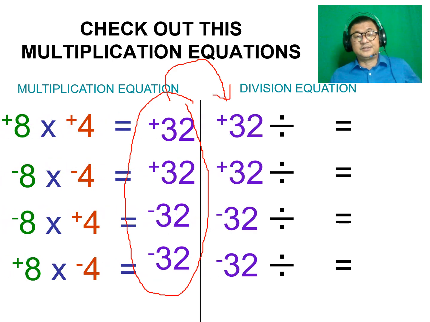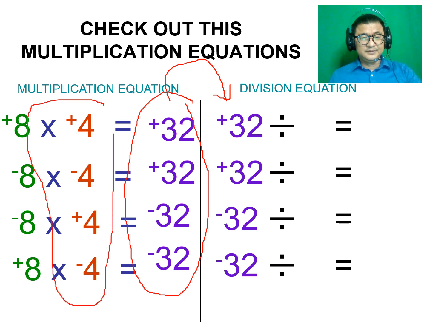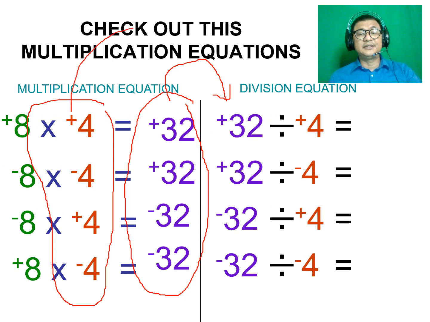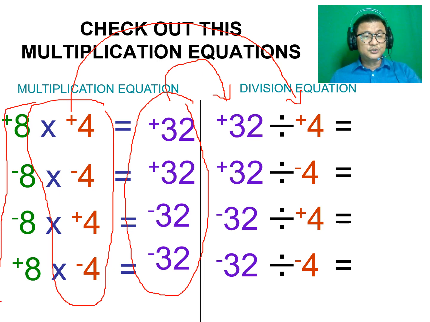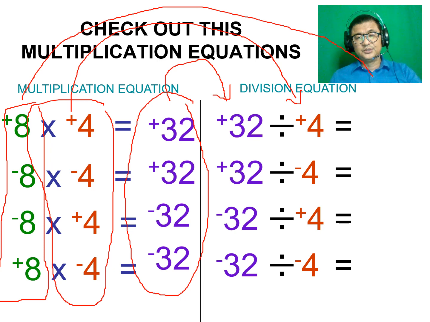Same numbers, right? Now, I'll take the other factor and make it my divisor over there. Do you all agree? Definitely 32 divided by 4 will be this one. This column should be all of the answers. Okay, that goes over there.